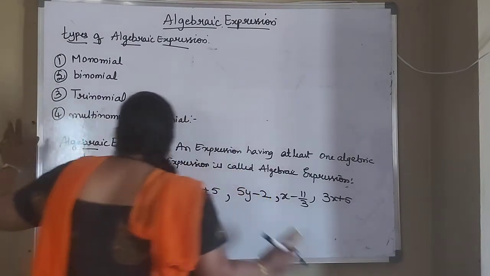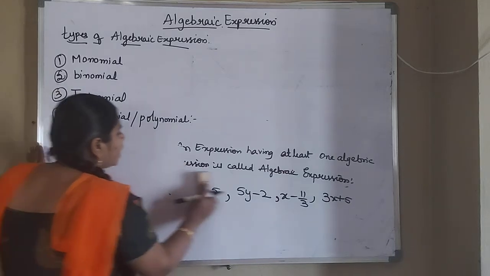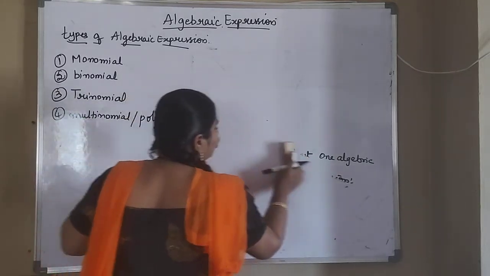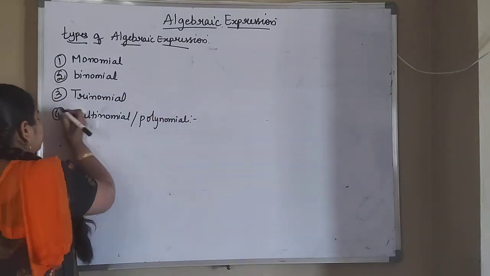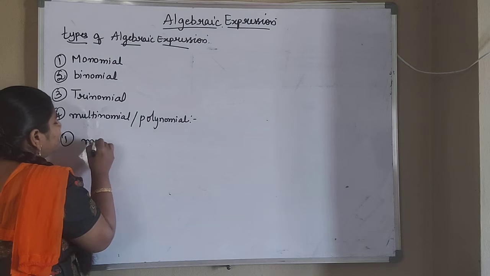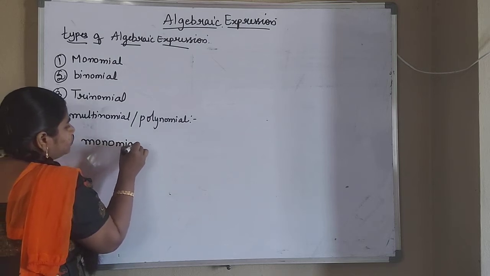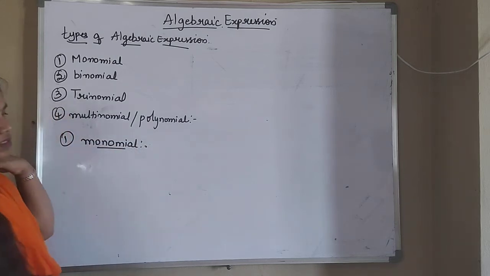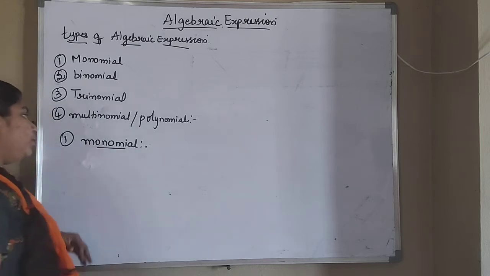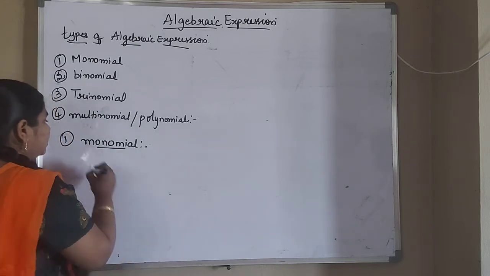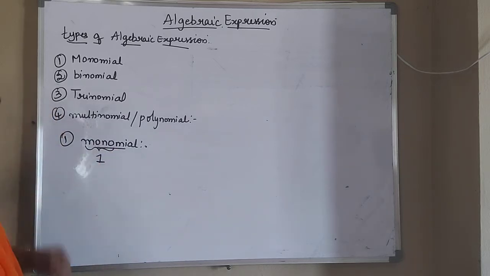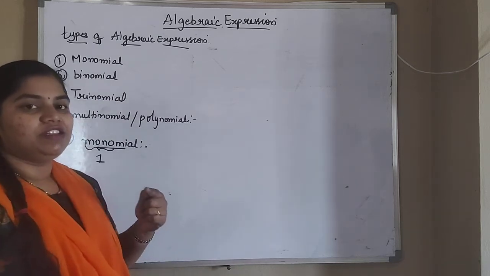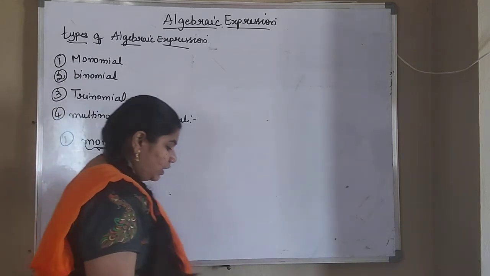First we will learn about monomial. So what do you mean by monomial? Mono is nothing but 1. So monomial has only a single term.